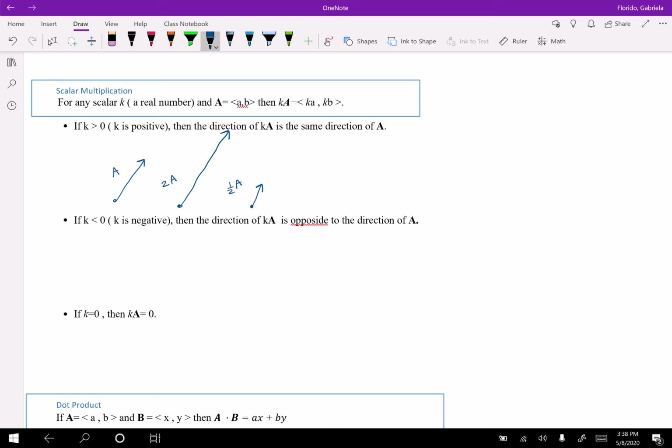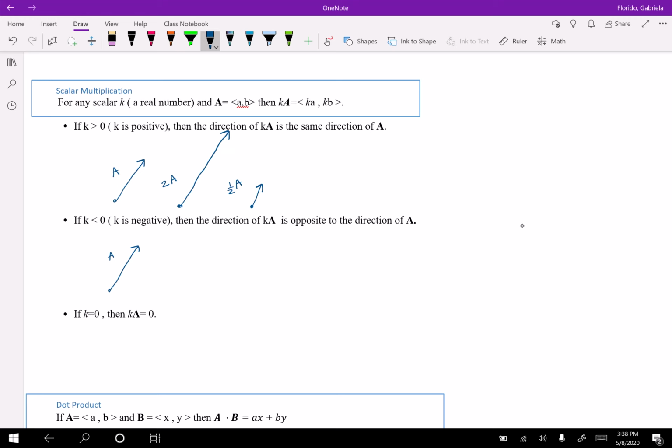But what if k is less than 0? What if k is negative? Then the direction of kA is actually going to be the opposite of the direction of A. So for example, let's suppose that here's our vector A again, and we multiply it by -1.